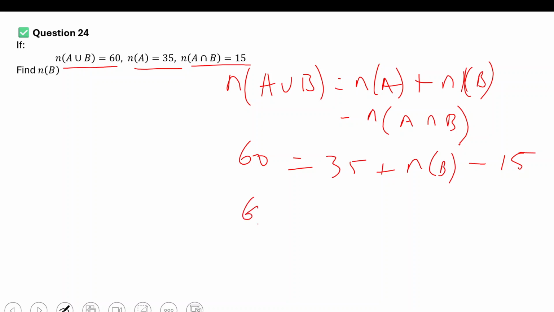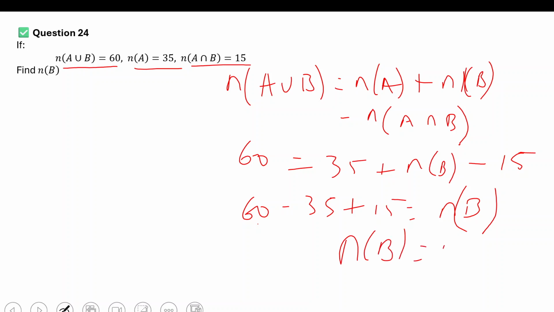So I have 60 minus 35 plus 15 is equal to the number of B. So the number of B will be 40.